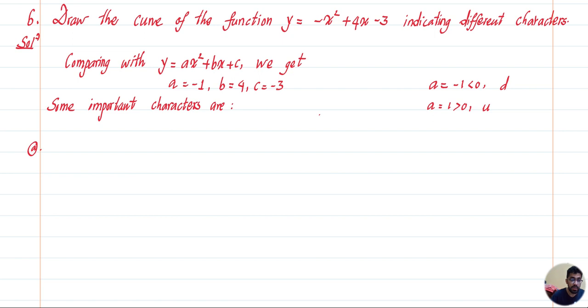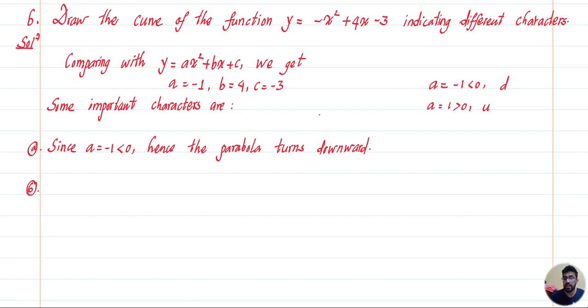So here we can write, since a is equal to minus 1 which is less than 0, hence the parabola turns downward.